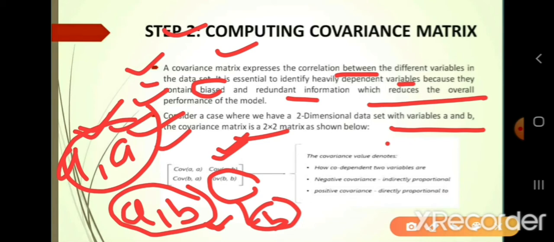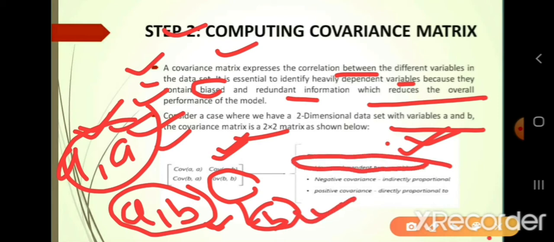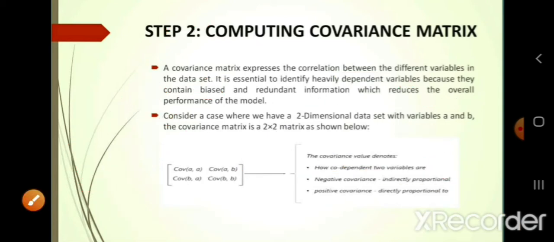This covariance value denotes how the two variables are correlated. Positive covariance means they are directly proportional, and negative covariance means they are inversely proportional. So we know about covariance already.